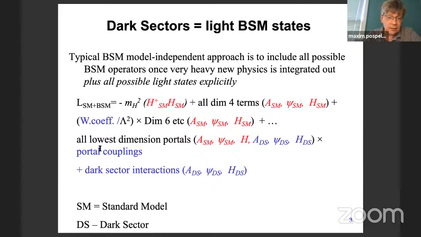This is sometimes called portal couplings. And we are now pretty confident that we understand most of these couplings. Plus, this dark sector interaction can be complicated, and of course, the name dark implies that they might have something to do with dark matter. And indeed, many models do include dark matter here.